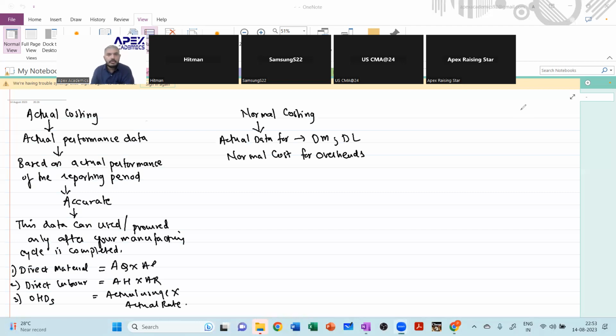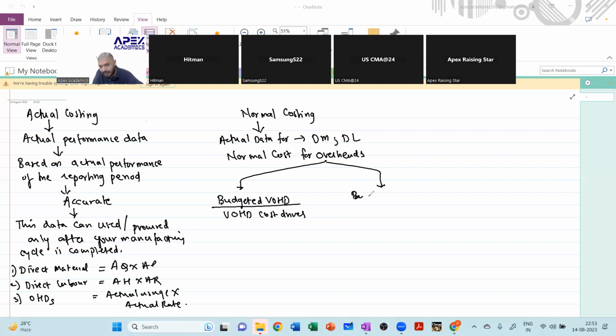Normal cost for overheads. Here we will take into consideration two items. The first is the budgeted variable overheads, divided by the variable overheads cost driver. Next, I will take into consideration the budgeted fixed overheads, divided by the fixed overheads cost driver.